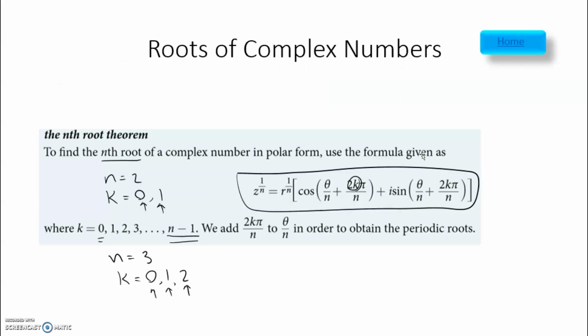Okay, so you could write this equation as this right here. We'll go generic here and do the nth root.